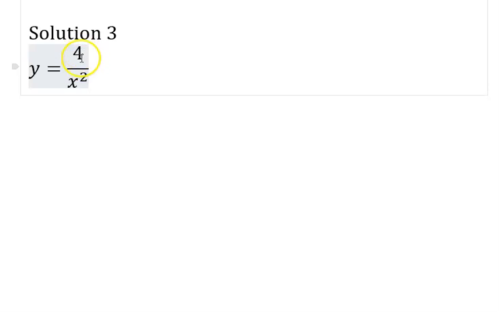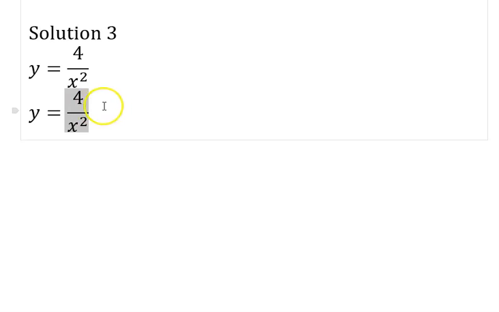So if we have 4 over x raised to power 2, it is still the same thing as what we have here, because this x raised to power 2 is at the denominator.